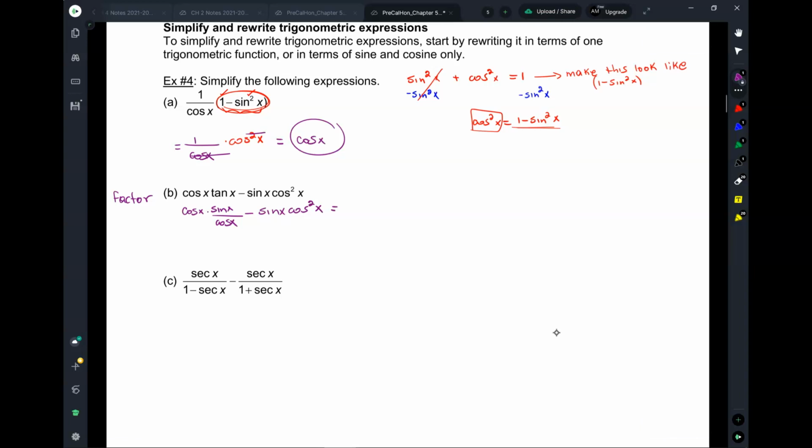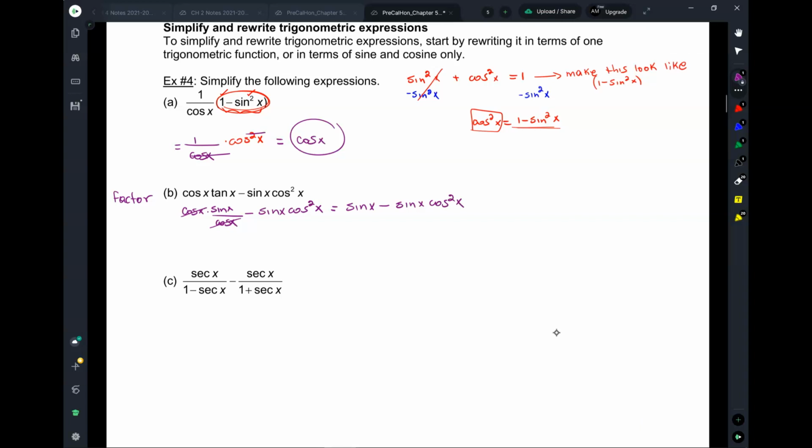What happens now? You can cancel the cosines. You can cancel out these cosines. So I have sine x minus sine x cosine squared x.